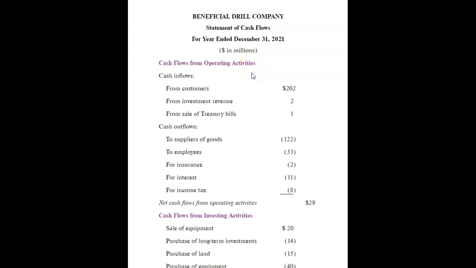Please open your textbook to the flagged page for Beneficial Drill Company's Statement of Cash Flows, so you can use this cash flows as an example of what your financing activity section should look like.